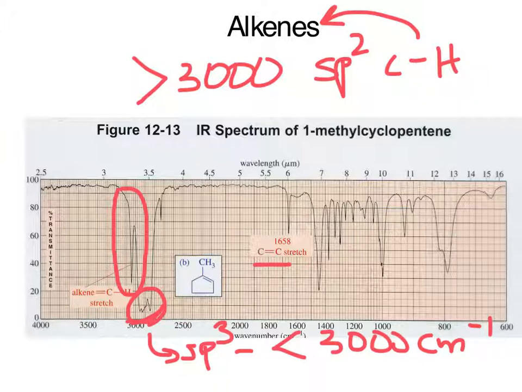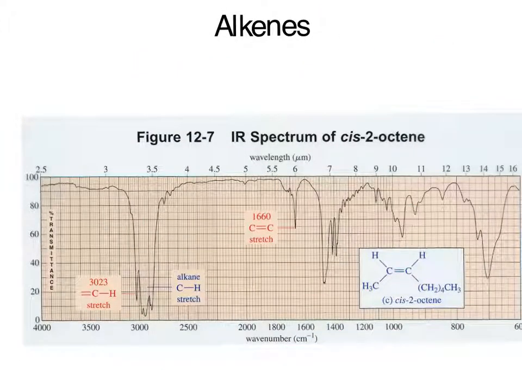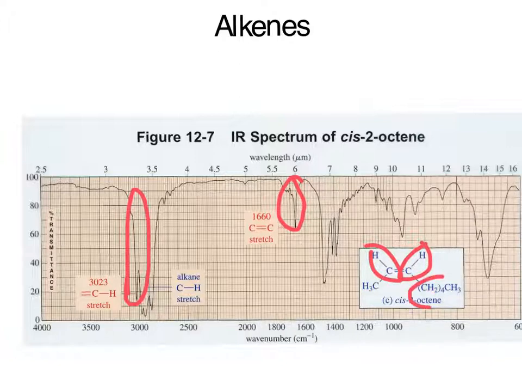We also start to see a very tiny CC stretch, again, not polar, so it doesn't show up very well, around 1660. Again, alkenes, we see above 3,000 right here, associated with our carbon-hydrogen sp2 hybridized systems, a CC double bond, and we have plenty of alkane groups, and so we still see our CH stretches below 3,000.